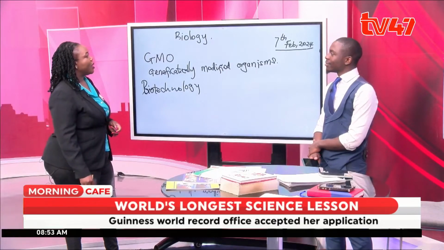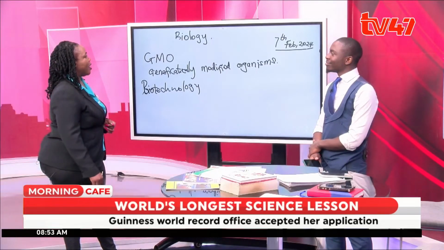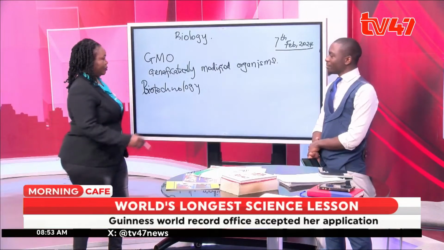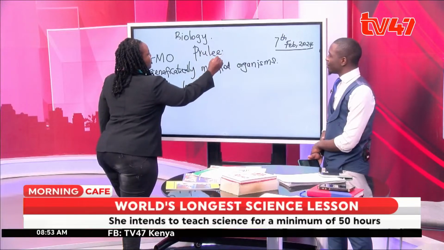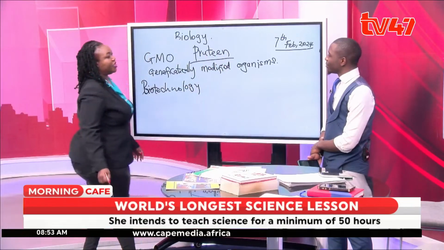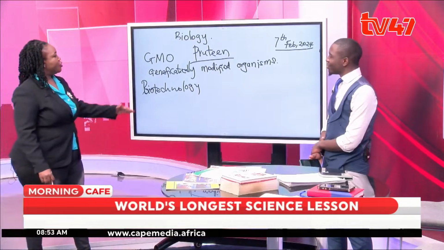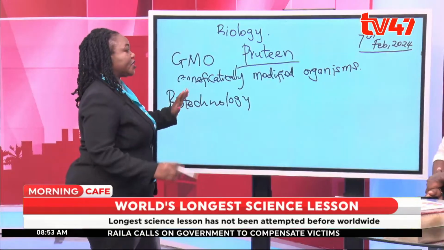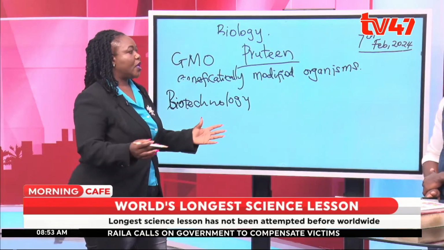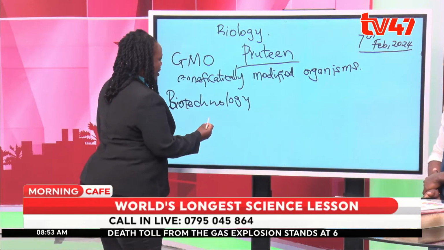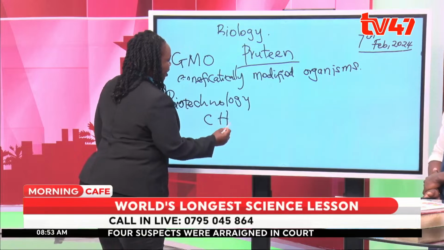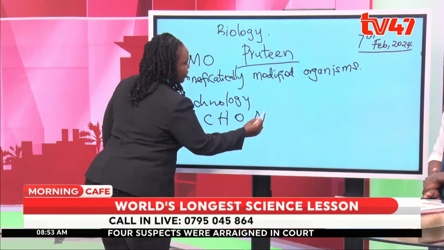I will talk about one particular food, which is protein. Protein is a genetically modified food. They use bacteria. Of course, they give it the building blocks of proteins, which are carbon, hydrogen, oxygen, and nitrogen.